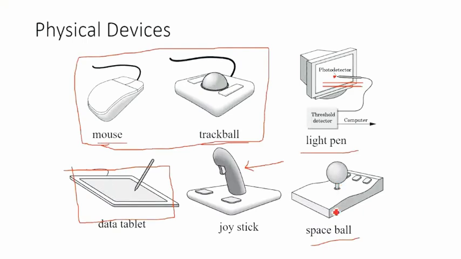It will have pressure sensors, and the user can apply pressure on this static ball from different directions, like front, back, left, right, top or bottom, and the input will be captured based on how much pressure you apply on this spaceball.